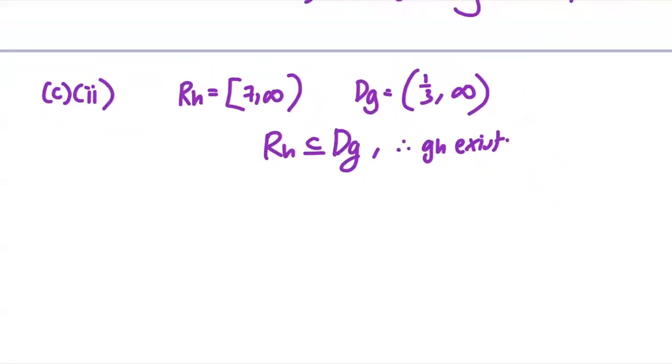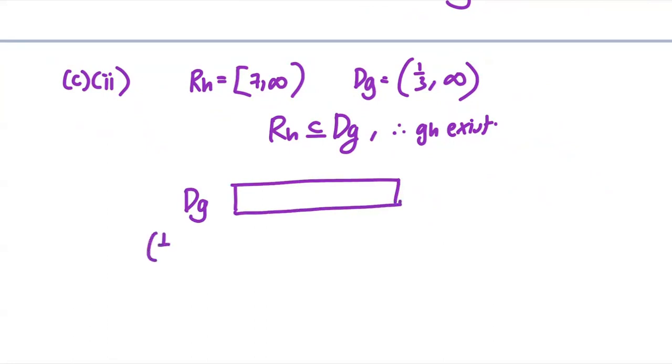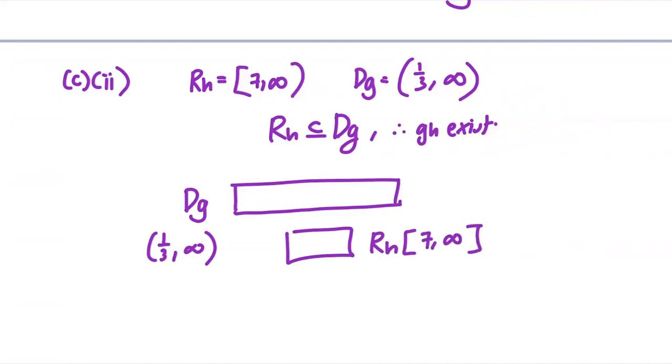Last part, okay, before we take a short break, how do you do this? We find the domain of G first. This is 1/3 and infinity. The range of h is 7 and infinity. So this maps on.